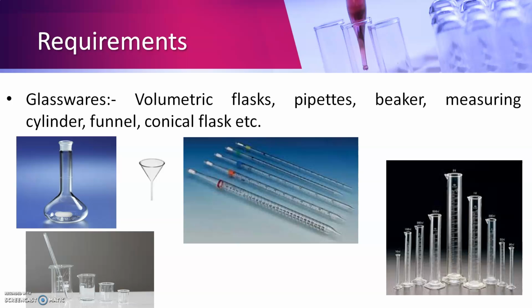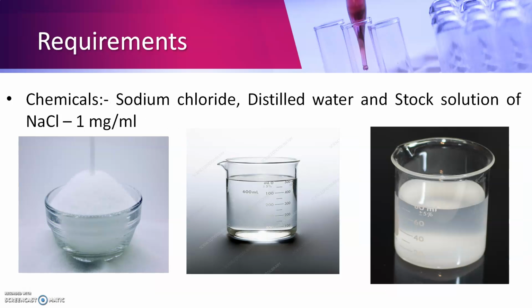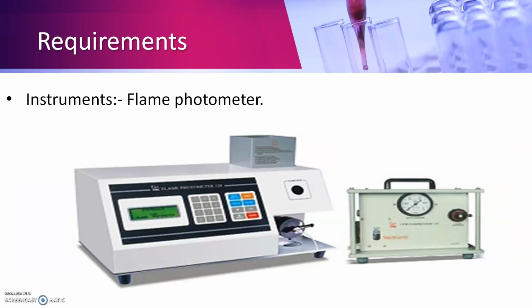The glassware required includes volumetric flask, pipette, beakers, measuring cylinder, funnel and conical flask, etc. The next requirement is chemicals: sodium chloride, distilled water, and a stock solution of sodium chloride of 1 mg per ml. Then the most important thing is the instrument, that is the flame photometer. This is the flame photometer, and here is where the sampling is done.